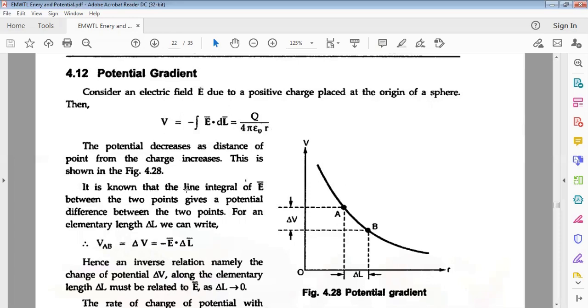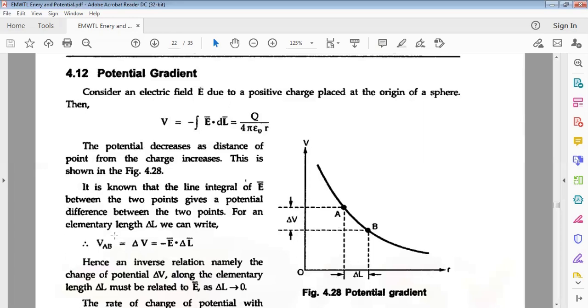It is known that the line integral of E bar between two points is used as the potential difference between the two points, for the elementary length delta L. So between A and B there is a differential, a small incremental length. Delta means an incremental or elementary length, delta L. Here there is a y-axis.